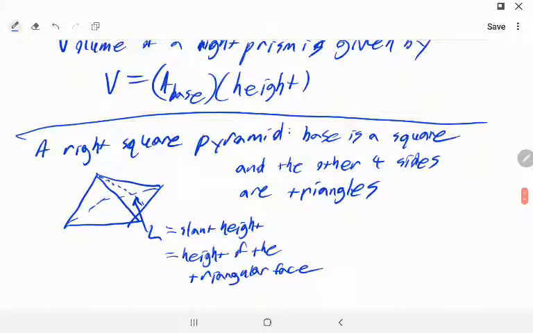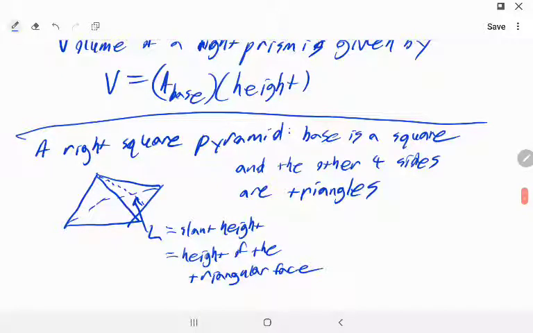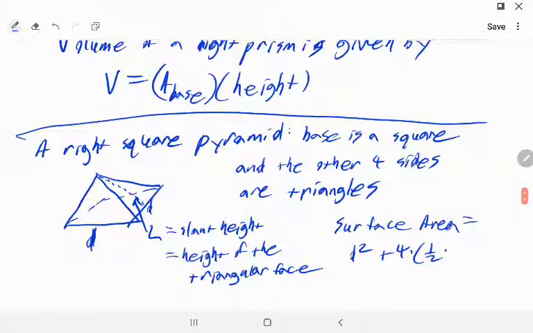I'm going to phrase it this way: if we said that the side length was d, so we've got square faces of length d, our surface area is going to wind up equaling d squared plus 4 times 1/2 times d times L. And so we wind up getting d squared plus 2dl.